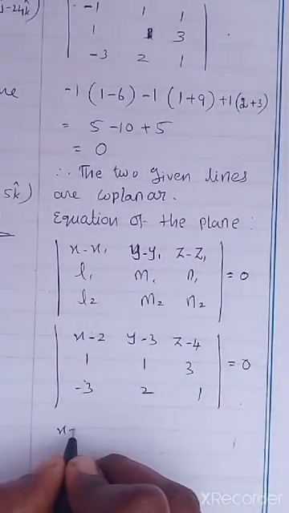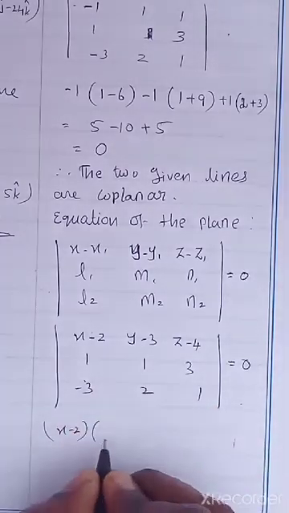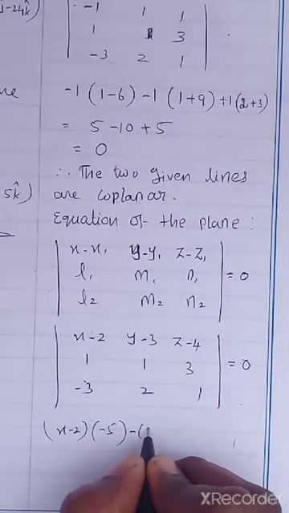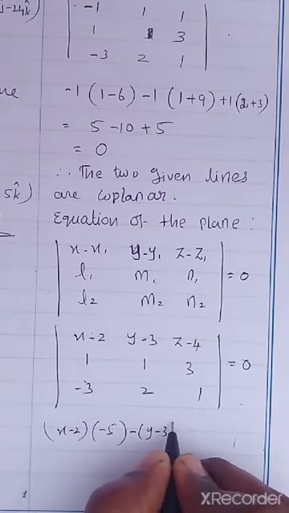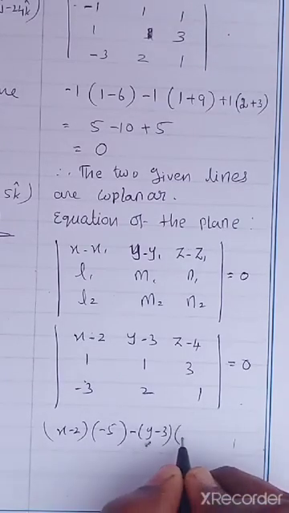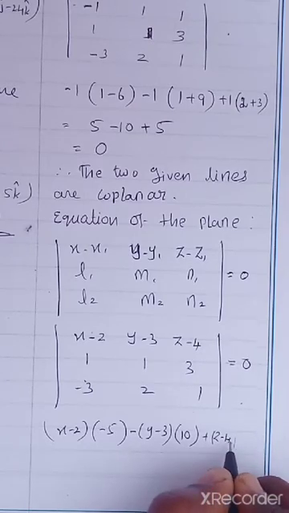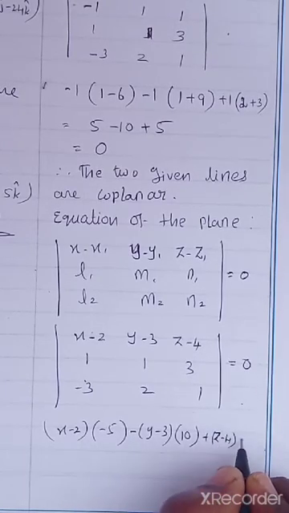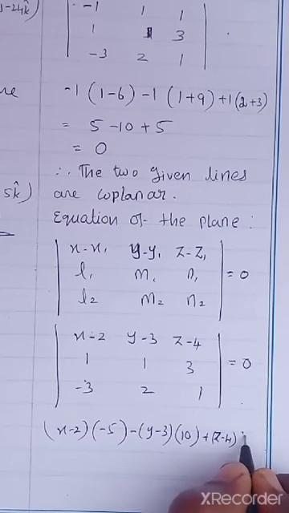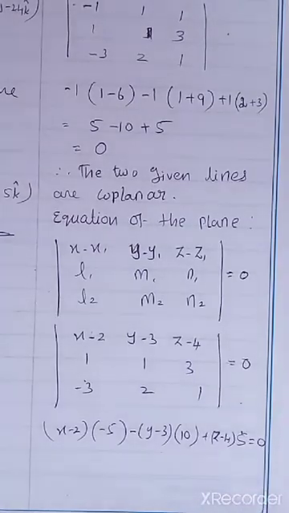So expanding, (x minus 2)(minus 5) minus (y minus 3)(10) plus (z minus 4)(5) equals 0.